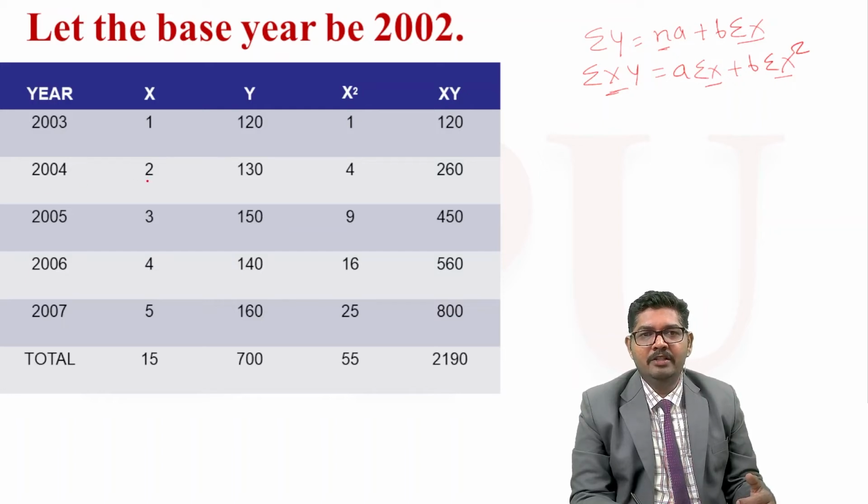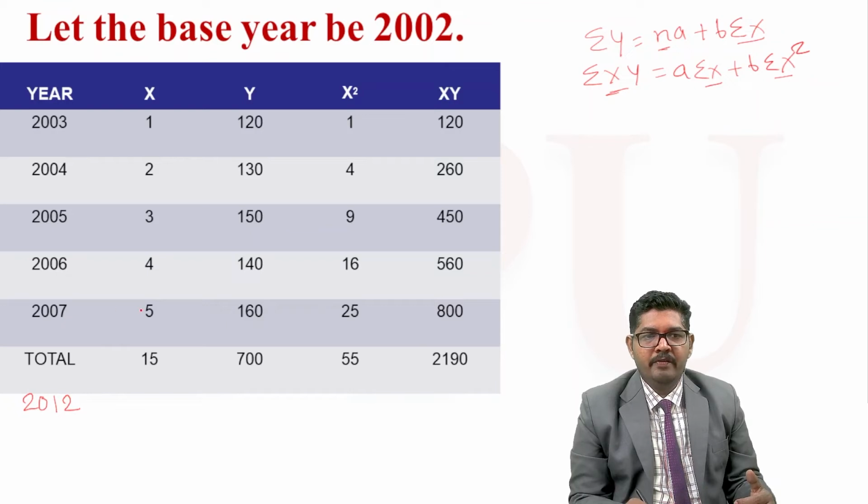Now this is the magic of regression. We can do things like this in regression. So 2003 is equal to 1, then 2004 will be equal to 2, 2005 will be equal to 3, 6 will be equal to 4, and 7 will be equal to 5. And we are interested in finding out the sale of generator sets in 2012.